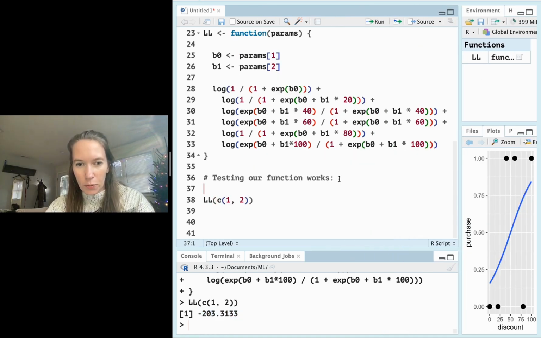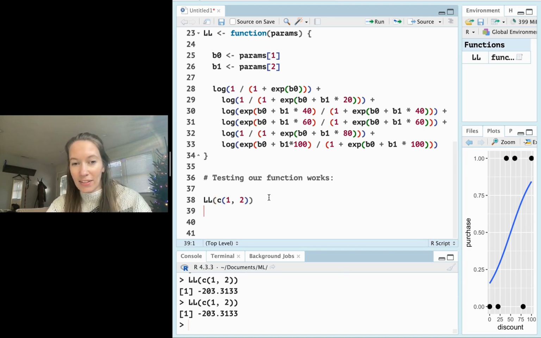To test that our function works, we can run log likelihood on the vector 1, 2. So what's the likelihood of seeing a beta 0 that's 1 and a beta 1 that's 2? We can run this piece of code. We get negative 203.3133. Basically always get large negative values for log likelihoods because the log of even odds, so 50-50, is 0.